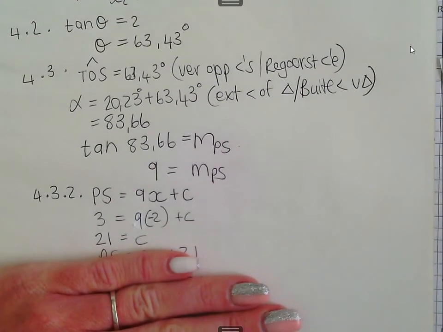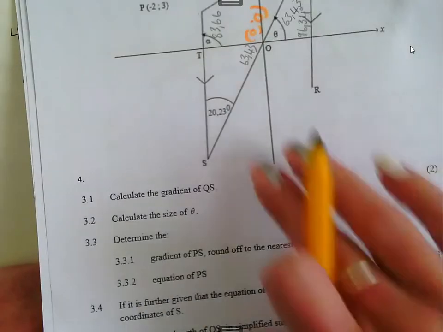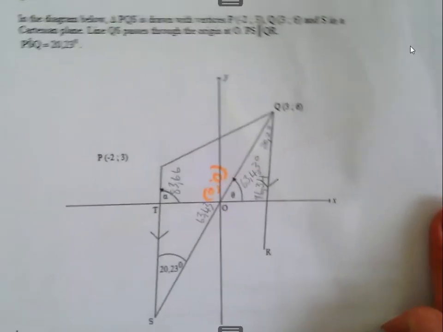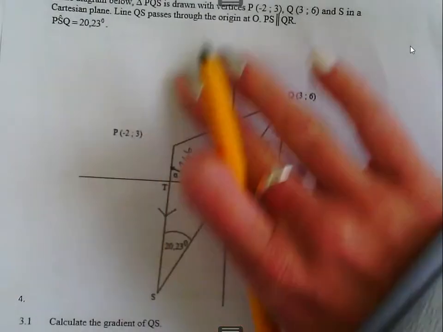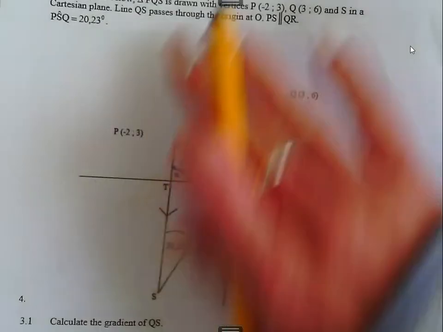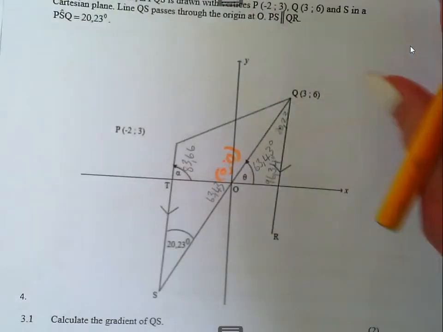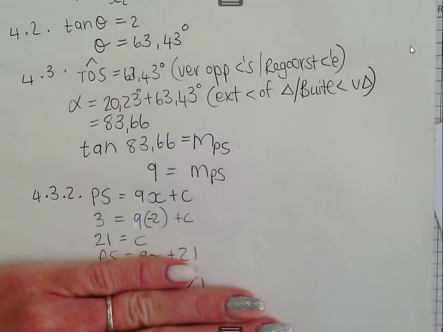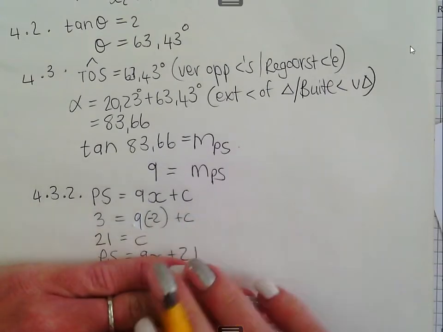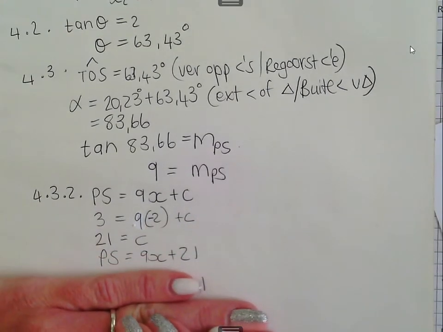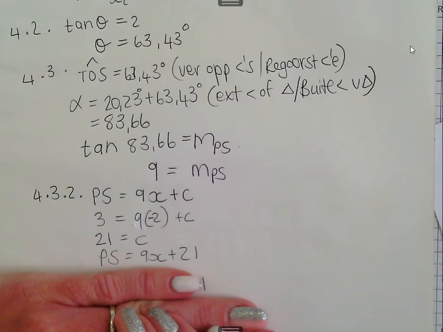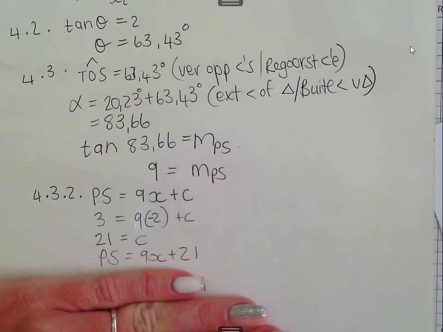And it's a big number, that it feels a bit weird, but if you look at that straight line, you can see it's got a big gradient. It's going to go up high before it cuts the y-axis. So the 21 makes sense. So PS is 9x plus 21. You don't have to call it PS, you can just call it y, it's fine. Any questions?